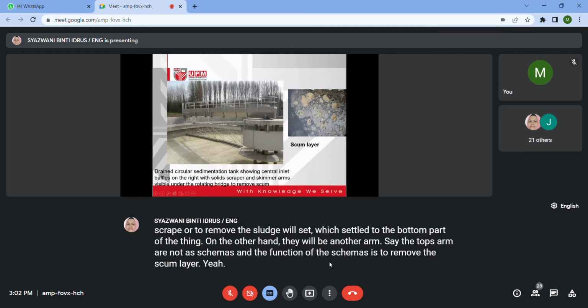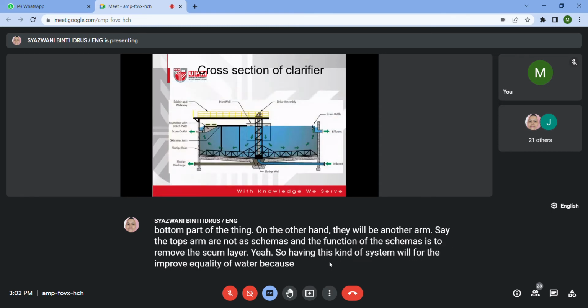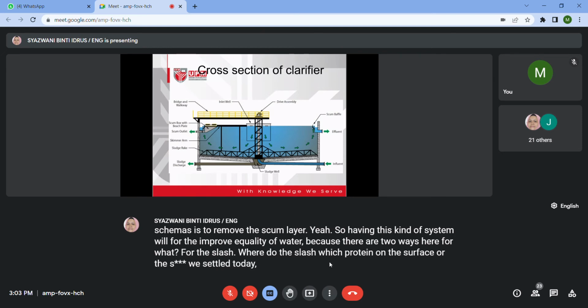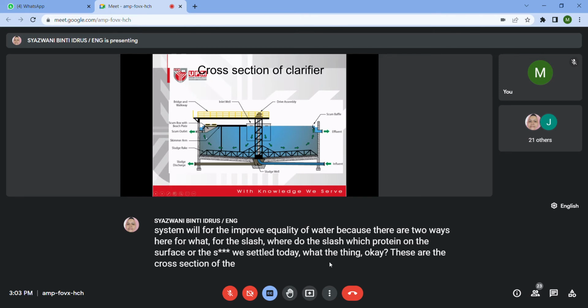Having this kind of system will further improve the quality of water, because there are two ways to handle the sludge: whether it floats on the surface or settles to the bottom of the tank. This is the cross section of the clarifier. You can see the scum outlet.